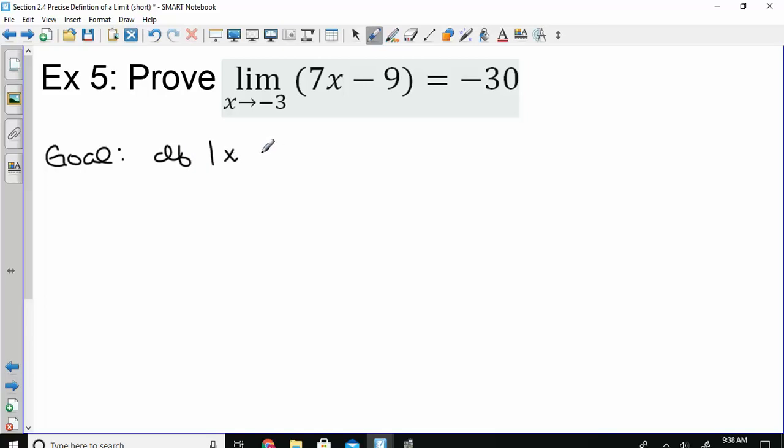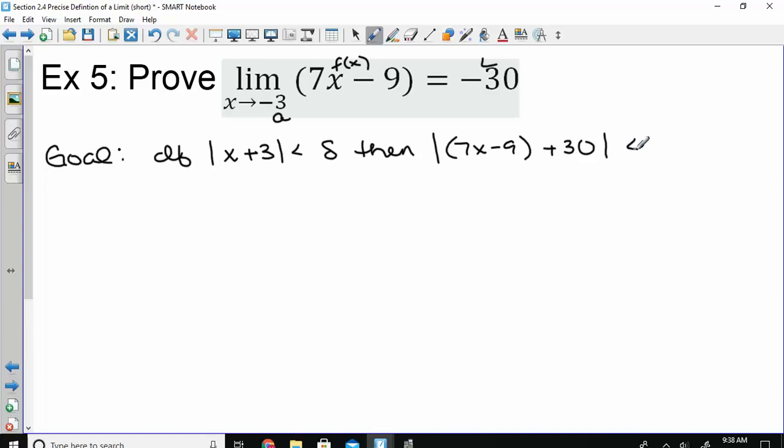So, my goal, the definition. If the absolute value of x minus a, what's my a? Minus -3 would be plus 3, is less than delta. And then the absolute value of f of x, that's just your function, minus your limit, that's -30, so it becomes plus 30, is less than epsilon.